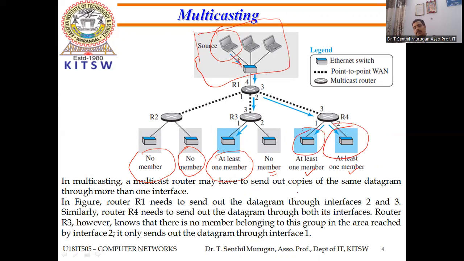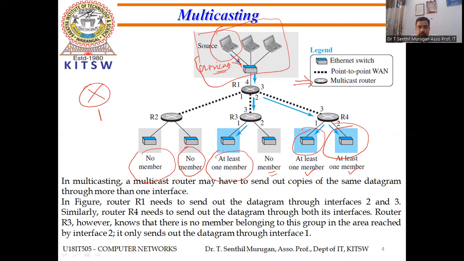When the source is sending, it is a unicast address because one system is sending to the router. The router will identify whether any members are there and where it needs to send. Since it is multicasting, it will check where the members are, and it will forward the message to the multicast router. Here the multicast router is represented using gray color with an X mark.